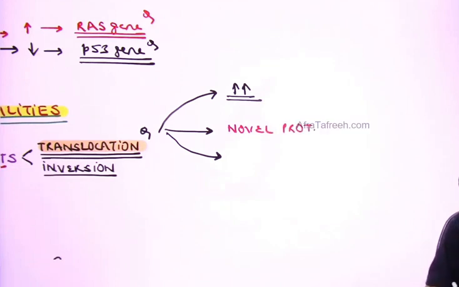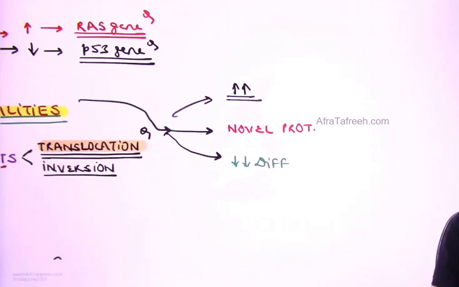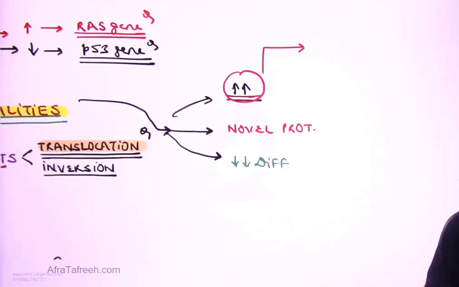And mechanism number three is the inhibition of differentiation. So for your better understanding, whenever we are talking about chromosomal abnormalities, they can be responsible for causing any of these three mechanisms.